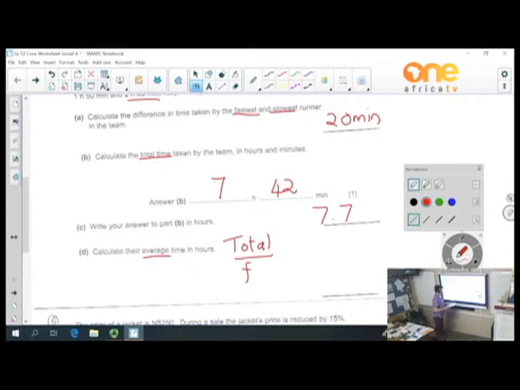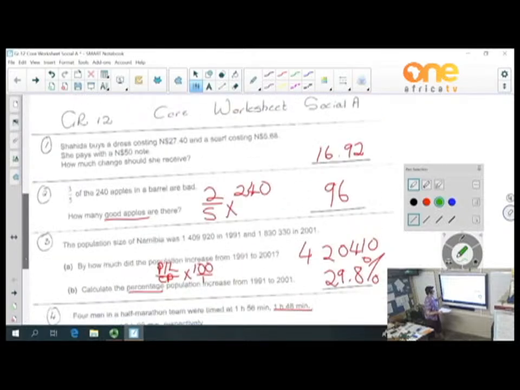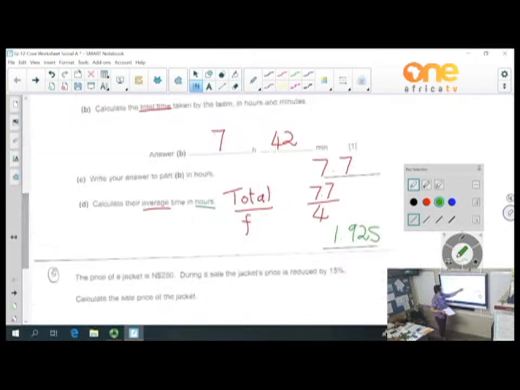So actually, you can just use this one, 7.7, divide by the 4 athletes, and then we get the average, and the average is 1.925. They say in hours, so I don't need to change it back to minutes. I can just work with hours there. I use that total time and divide by the 4 runners.